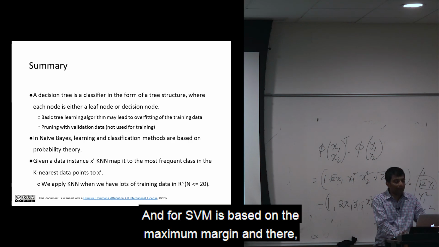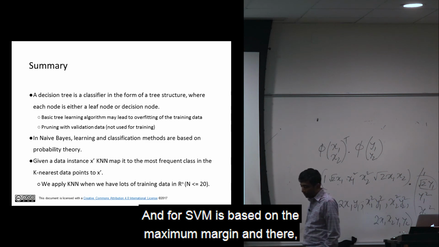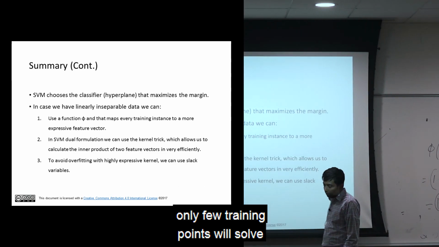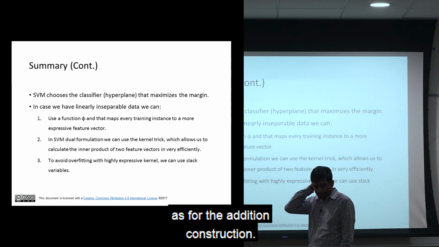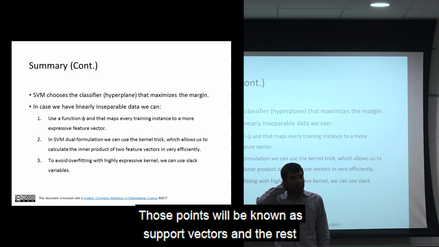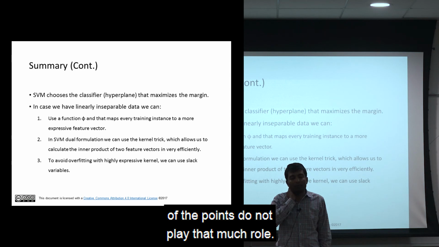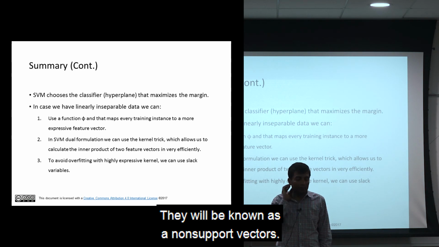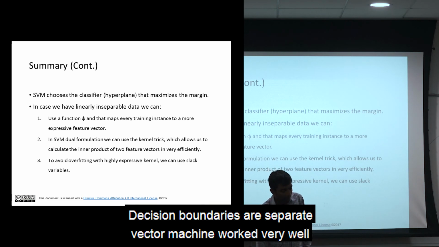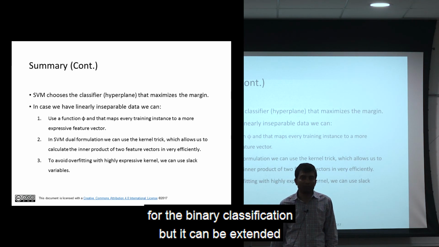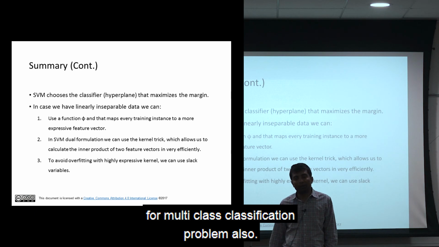And SVM is based on the maximum margin. There, only a few training points serve for the decision construction. Those points are known as support vectors, and the rest of the points do not play much of a role. They are known as non-support vectors. The support vector machine works very well for binary classification, but it can be extended for multi-class classification problems also.